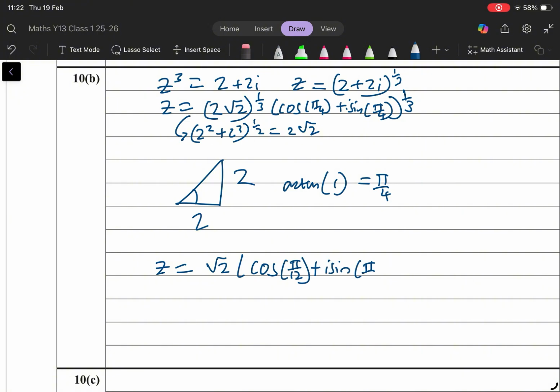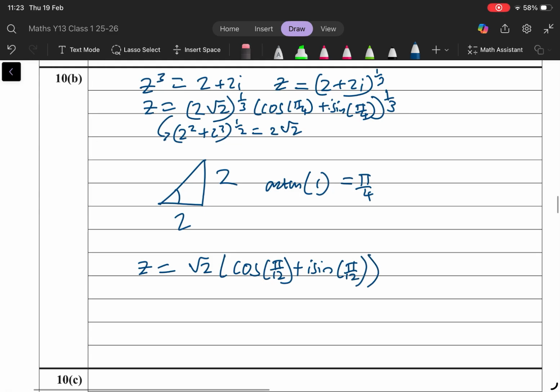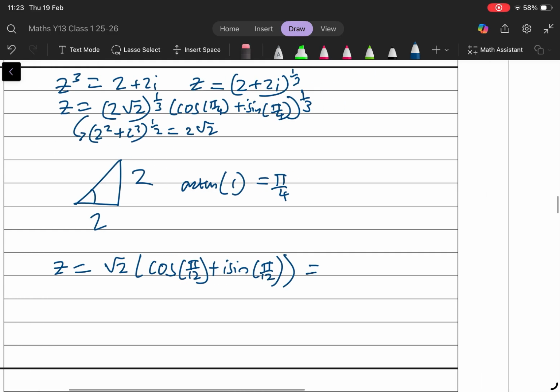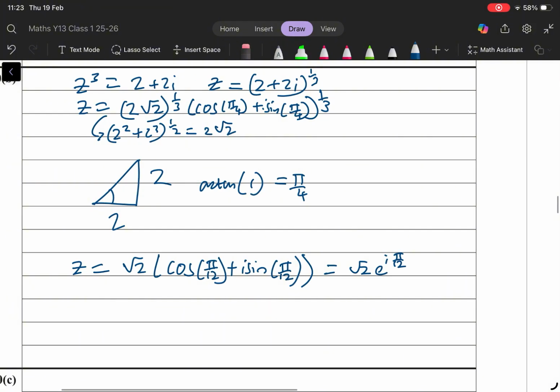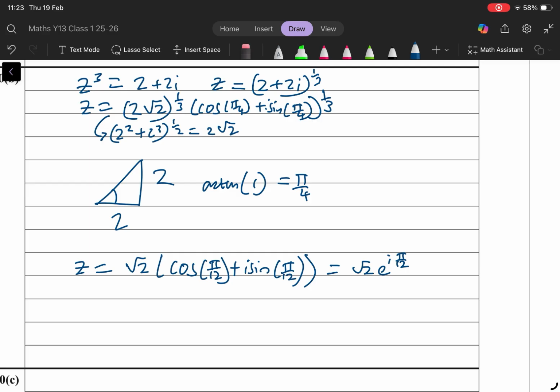I don't know why I put this in mod arg, because it wants it in exponential, so equals root 2 e to the i pi over 12. And I'm pretty sure that gives us a new solution. Root 2 e to the i pi over 12. So that's one of our solutions there.